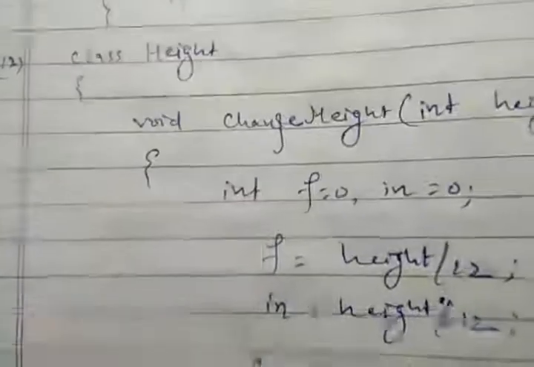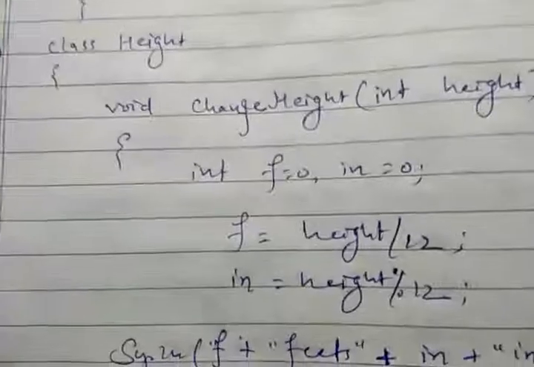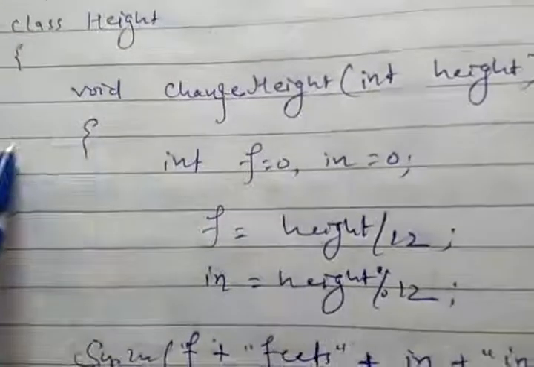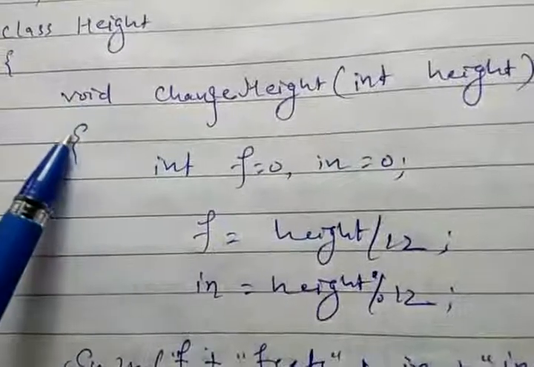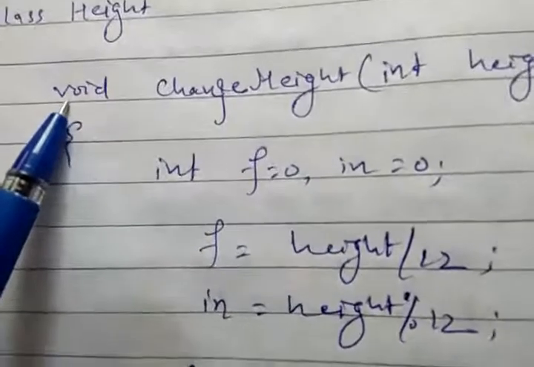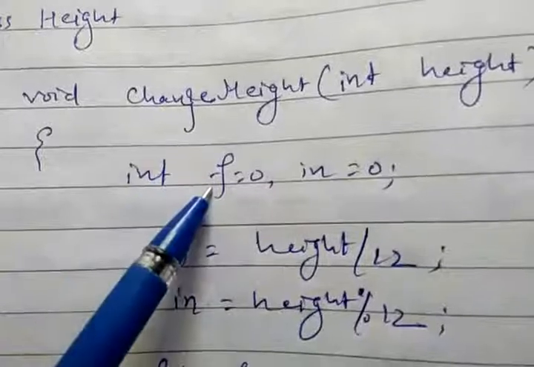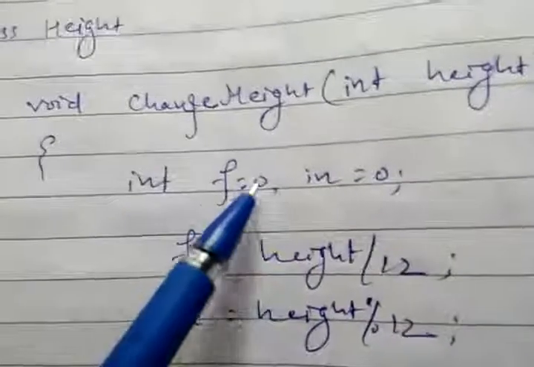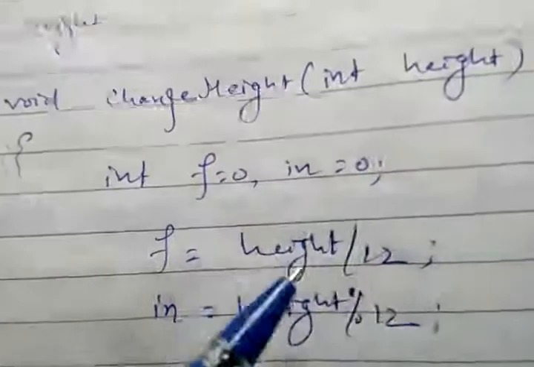Question number 12, we have to find out the height in feet and inches, where the height is input in inches, and the function given in the question is void change height. So we are taking two variables here, f equals 0 and in equals 0.